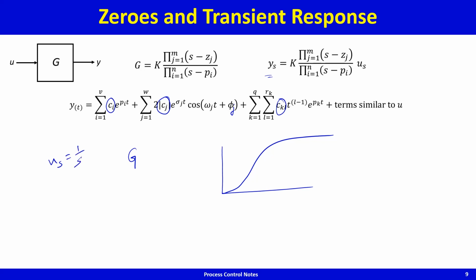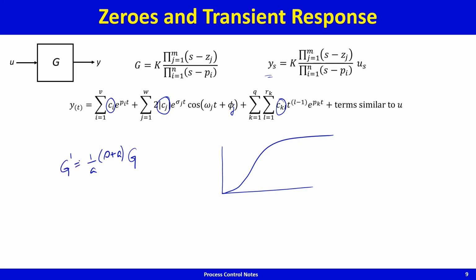Now let us say that G has changed, and a zero has been added, and to keep the gain the same, I'll have to divide by a. So let's say the modified transfer function is this, G modified.